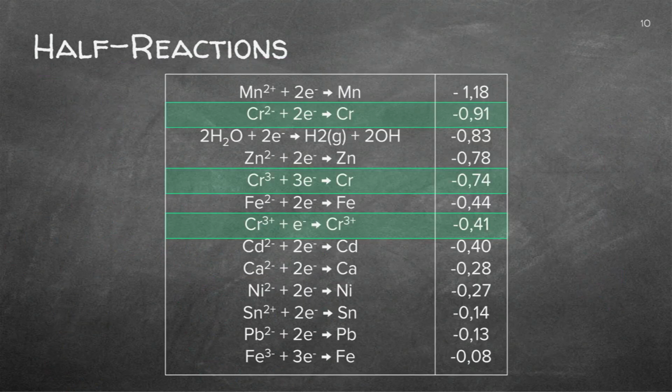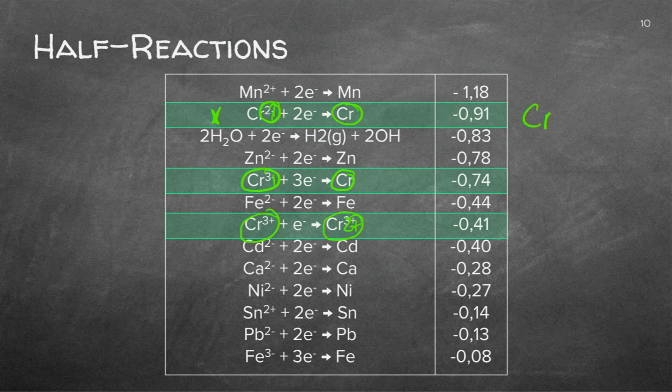Finally, on this table 4, have a look. I need you to see that for instance, in chromium, can you see there's 2 plus going to chrome. There's a 3 plus going to a chrome. And we've got a 3 plus going to a 2 plus. So we need to be careful.